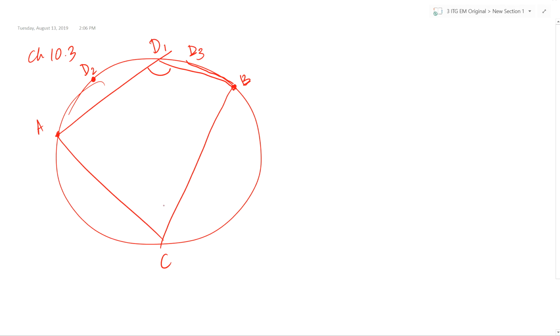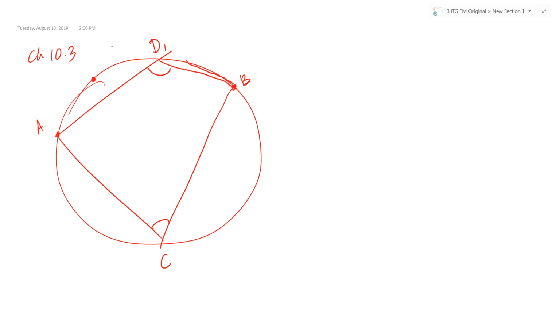Any suggestions of what we can do? Find a relationship between these two. How? Suggestions? What have we learned so far?